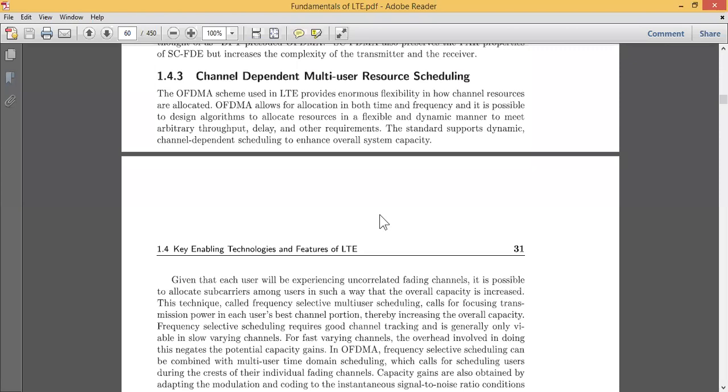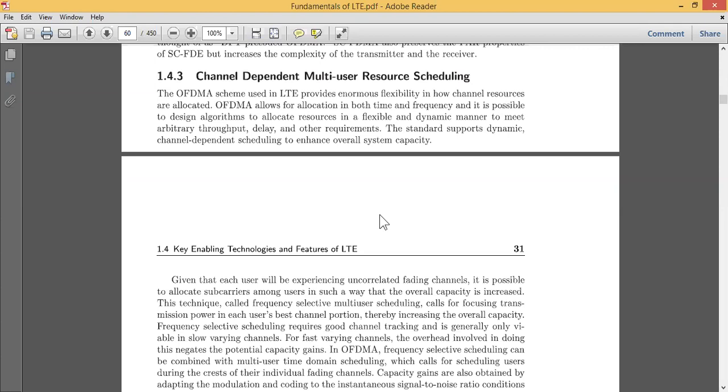When you go for allocation of the resources, it is categorized into two: whether you are doing it in the time domain or in the frequency domain. For either, you need to design an algorithm such that the resources are allocated properly, flexibly, and dynamically. Dynamic means that whenever the user wants to access resources, they have to be allocated.